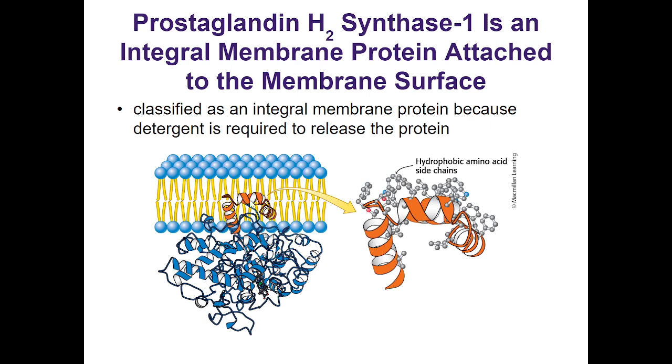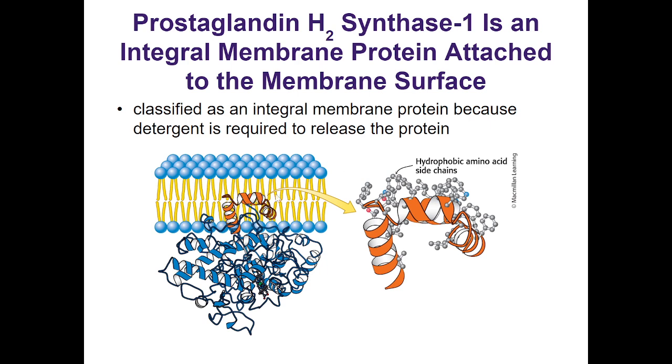And so this is one of those cases where the definitions can become somewhat difficult, right? You may be tempted to categorize this as peripheral, but this is not two different proteins. This is one protein altogether. And so this one does have an integral portion to it, which makes the protein itself integral. Okay?